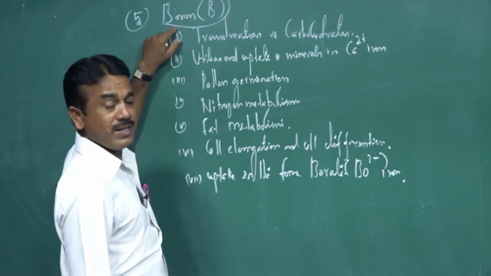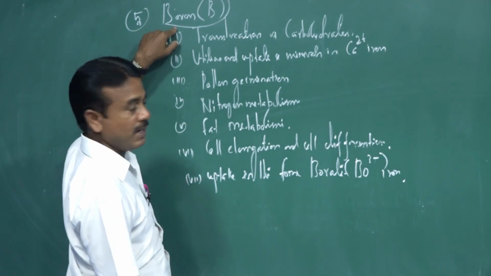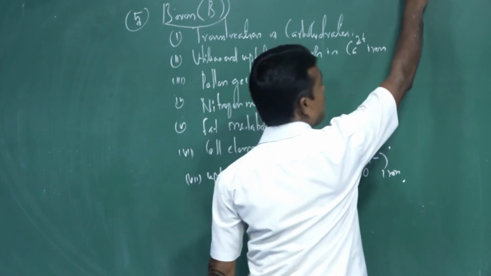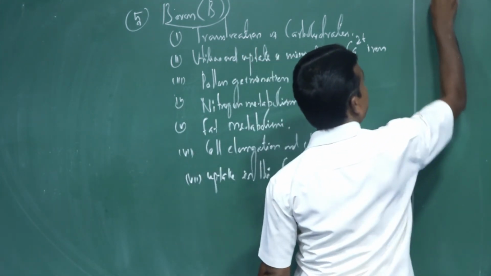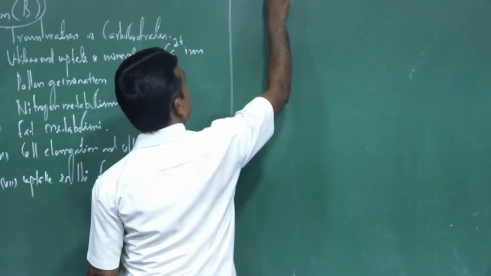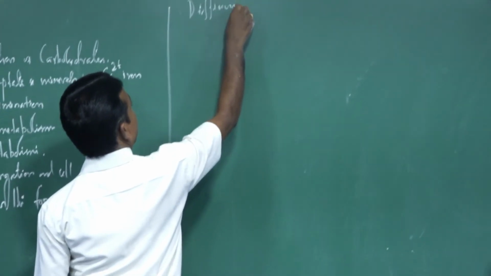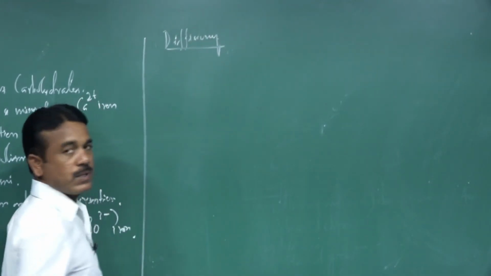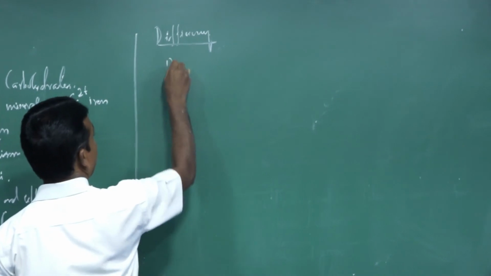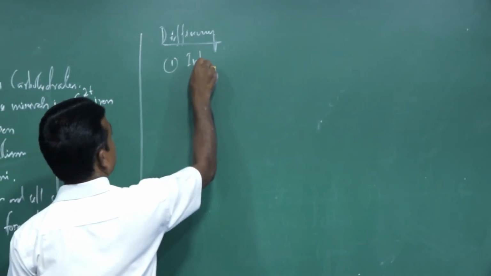If boron is not available in the plant, it causes many kinds of deficiency. First of all, interveinal chlorosis.